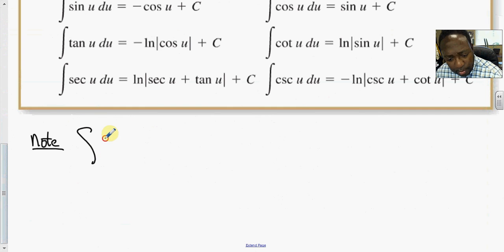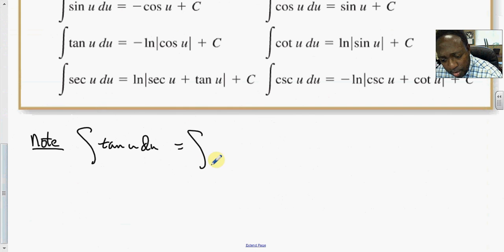So here we have the integral of tan u du. Now we know that tangent is the sine function over the cosine.